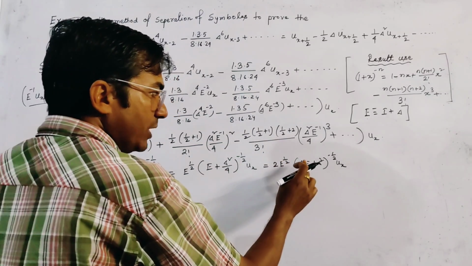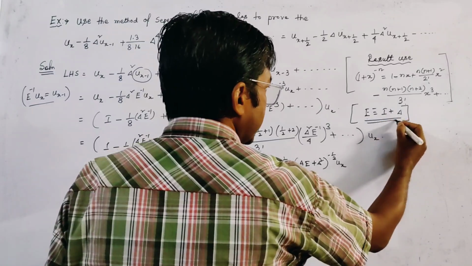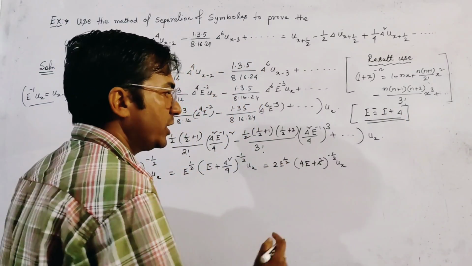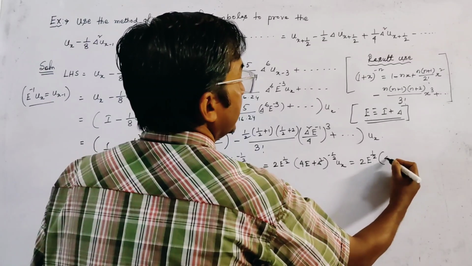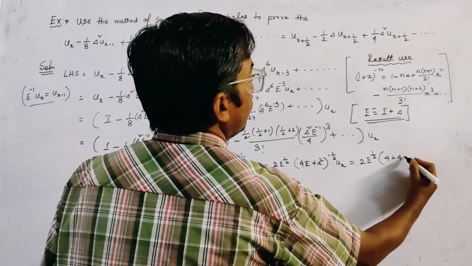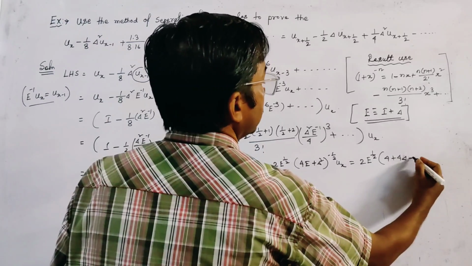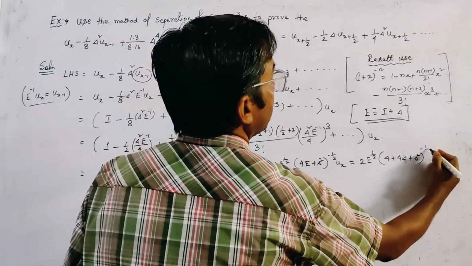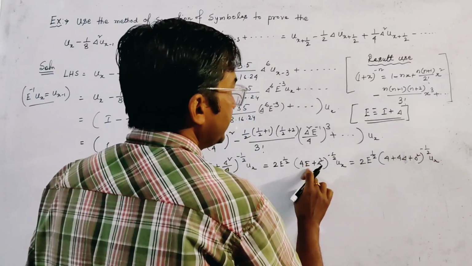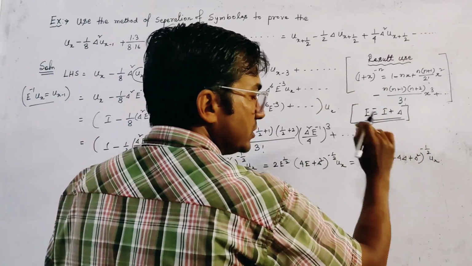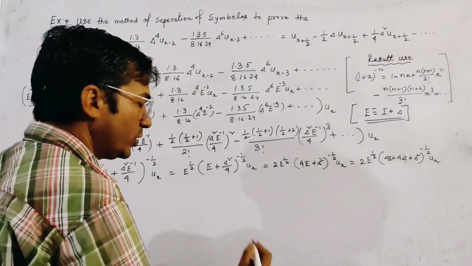Now we put the value of the shift operator E. Using the relation between the shift operator and delta operator, E equals 1 plus delta, this is given by 2 E to the power 1/2 into (4 plus 4 delta plus delta squared) to the power minus 1/2 into u_x, and we can write 4 as 4I.